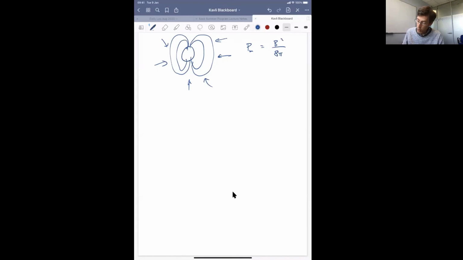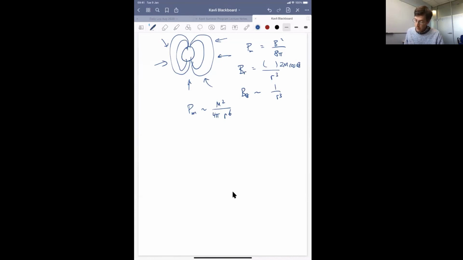If it's a dipolar field, then B_r is going to be a constant times 2m cos theta over r cubed, and B theta similarly. So the magnetic pressure is going to be some constant, m squared over 4 pi, times 1 over r to the 6th. The important point is that it scales like 1 over r to the 6th, so don't worry too much about the constants.